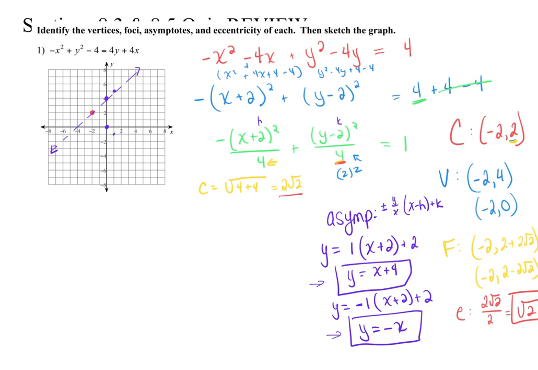And of course, you know it goes through the center as well. And so you can graph that one. Those are your asymptote lines that you need to graph. All right. And then from there, I am going to graph my vertices. My vertices, remember, are negative 2, 4, negative 2, 0.